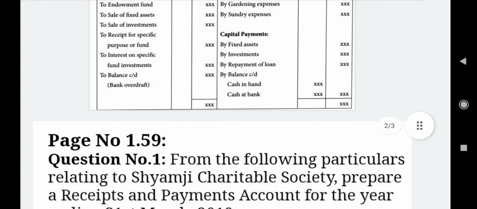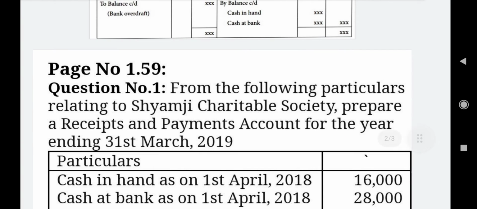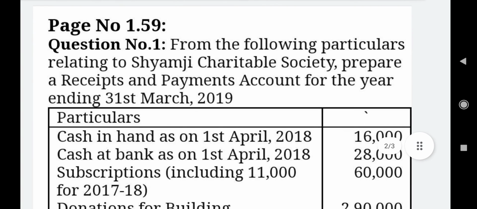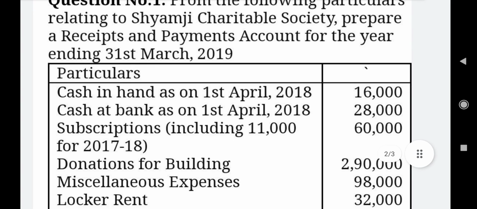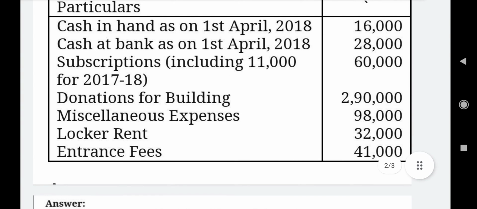Okay, the first question you will see: from the following particulars relating to Shyamji Charitable Society, prepare a receipt and payment account for the year ending 31st March 2019. The cash in hand on 1st April 2018 is 16,000. The cash at bank as on 1st April 2018 is 28,000.